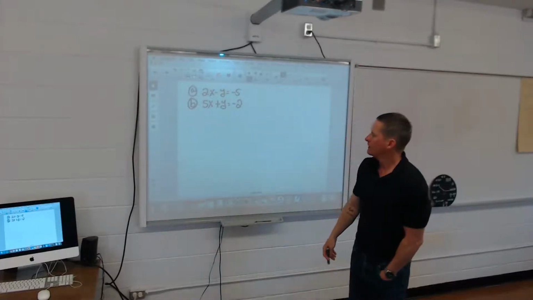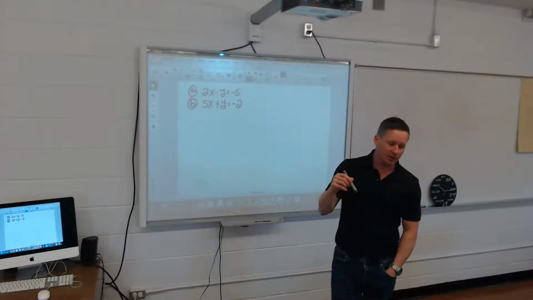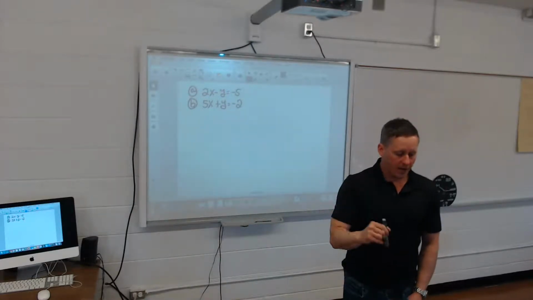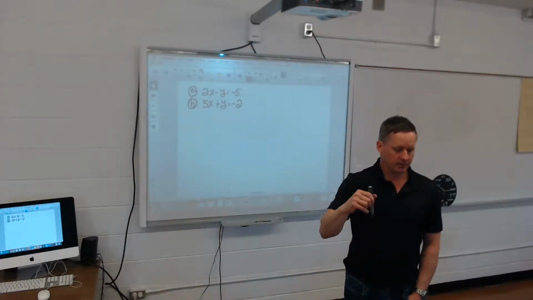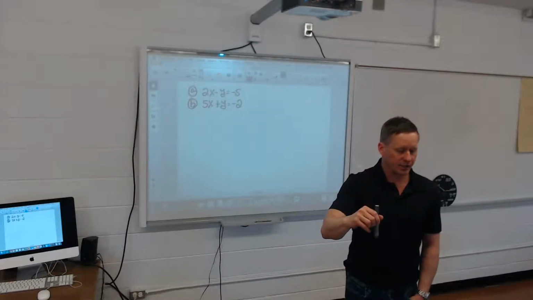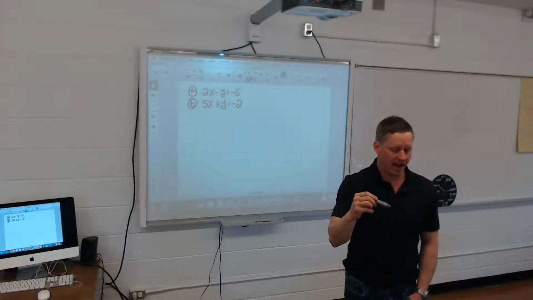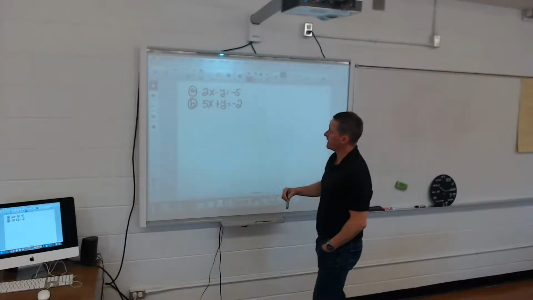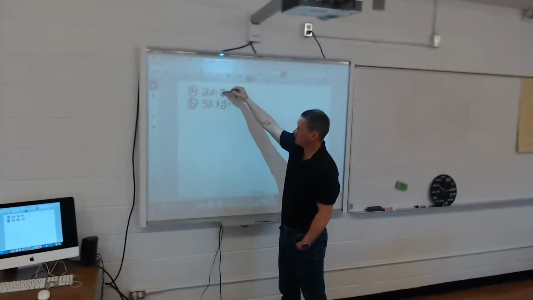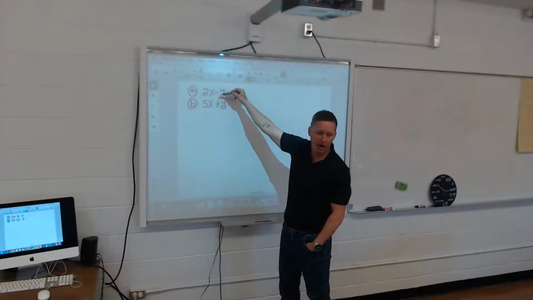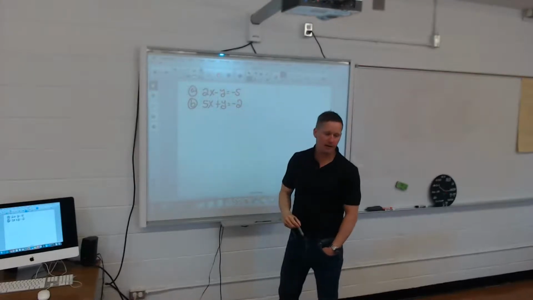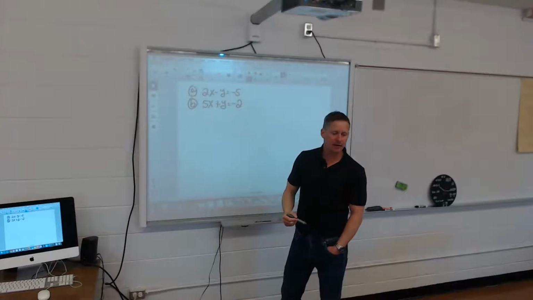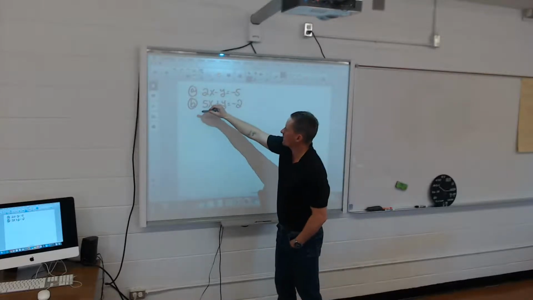The second thing is I want to make sure that on one of the variables in equation A and equation B, when I add them together, they're going to cancel out. So looking at this right now, I have a -1 on the Y and a +1 on the Y. So if I were to add those together, I would get 0y. That's what I want.